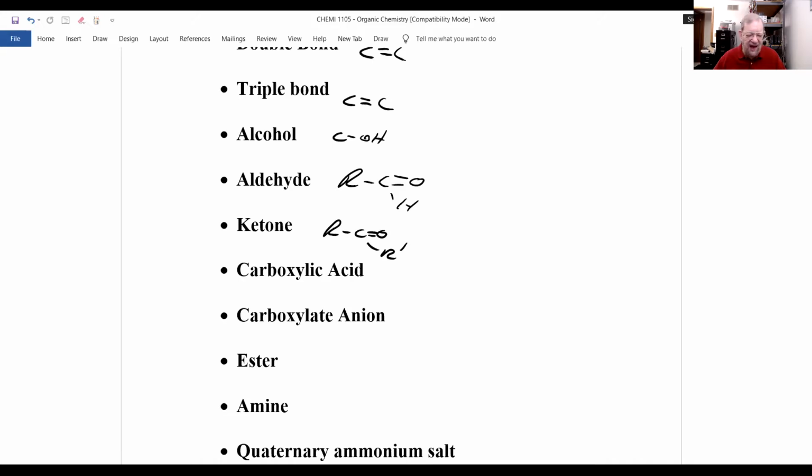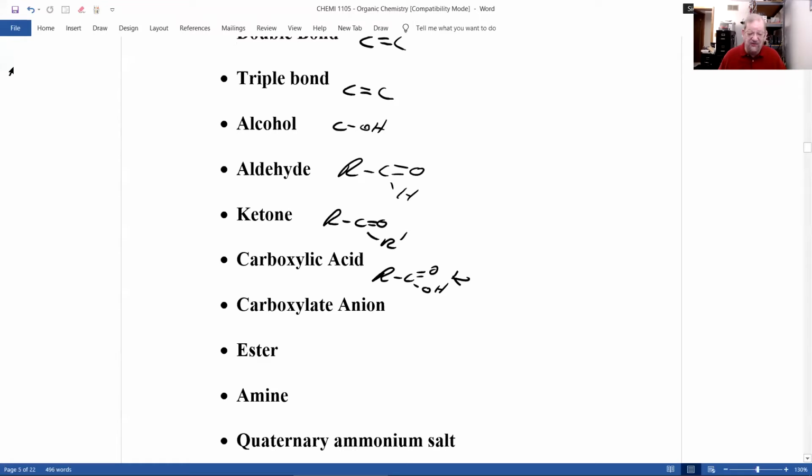Now, carboxylic acid looks like this. And carboxylic acid is responsible for vinegar. When R is CH3, it's called acetic acid, that's in vinegar. And also carboxylic acids are used to make many things in our daily life.